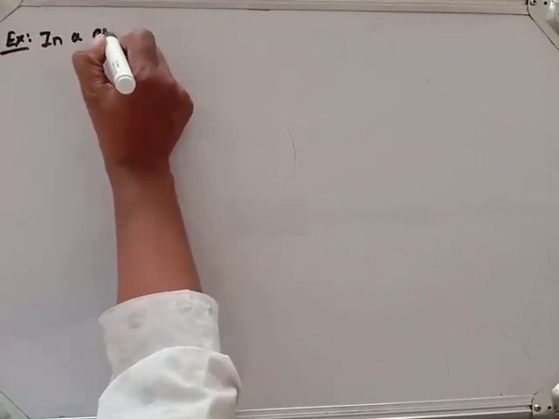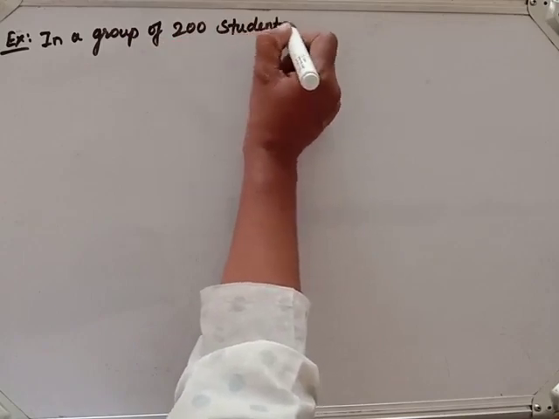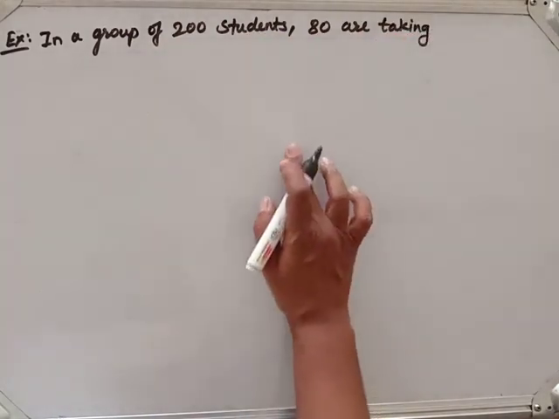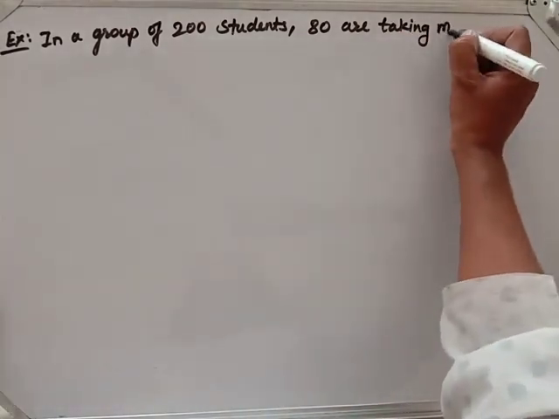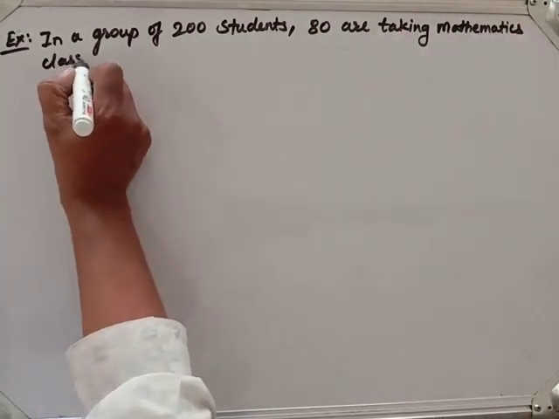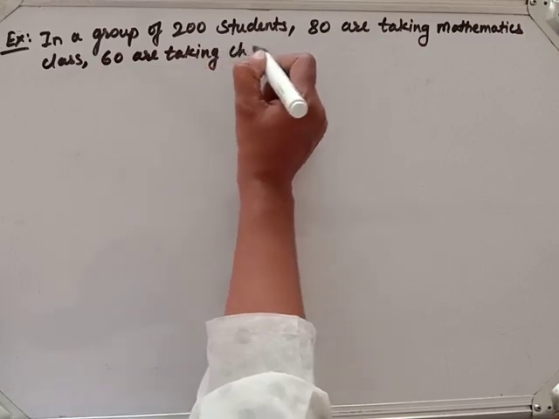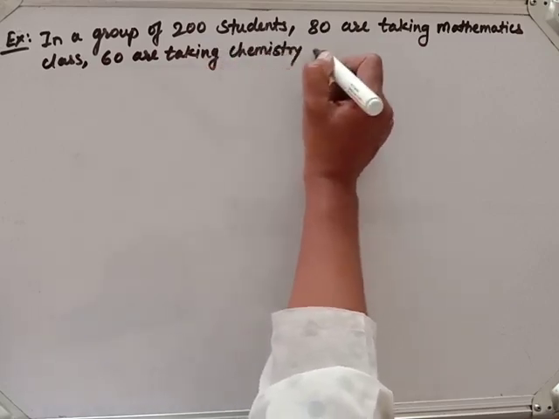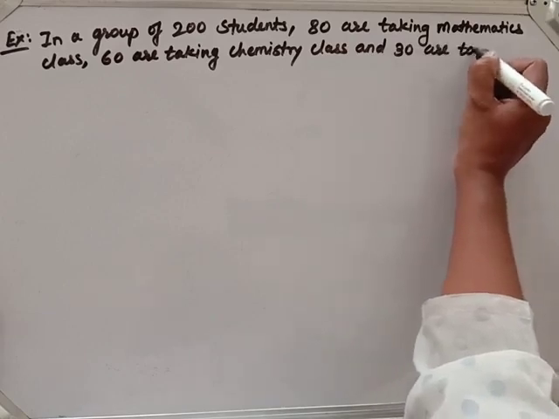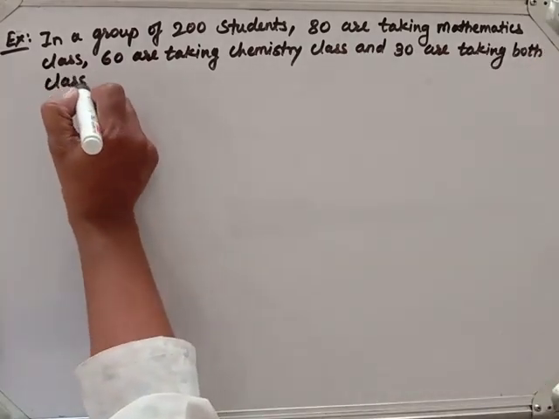In a group of 200 students, 80 are taking mathematics class, 60 are taking chemistry class, and 30 are taking both classes.